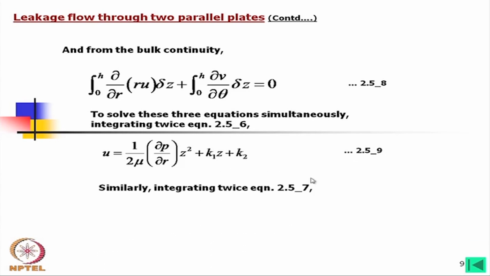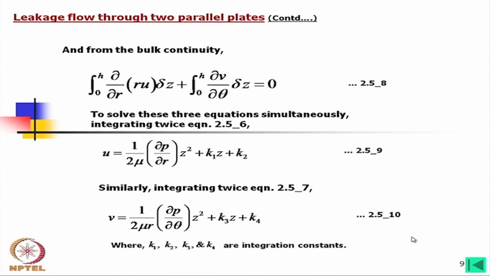And similarly, integrating 2.5.7, we get v is equal to 1 by 2 mu r del p by del theta into z square plus k 3 z plus k 4, where k 1, k 2, k 3, k 4 are integration constants.